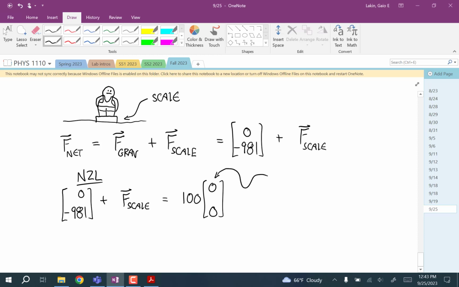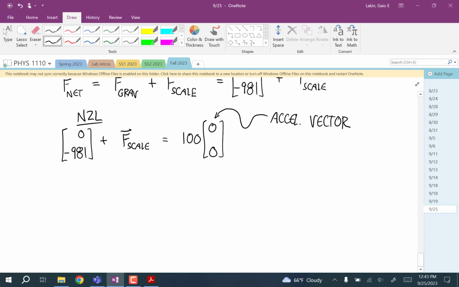So this is the acceleration vector. And so if we simplify, we get 0, negative 981 plus F scale is equal to zeros.